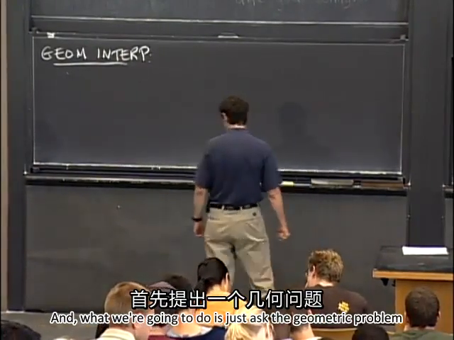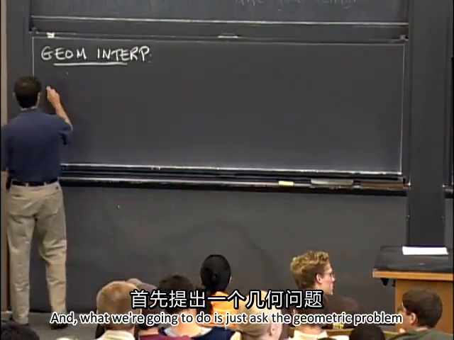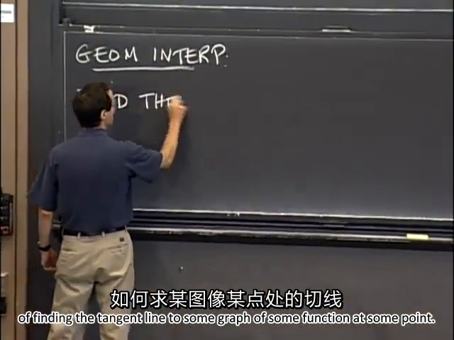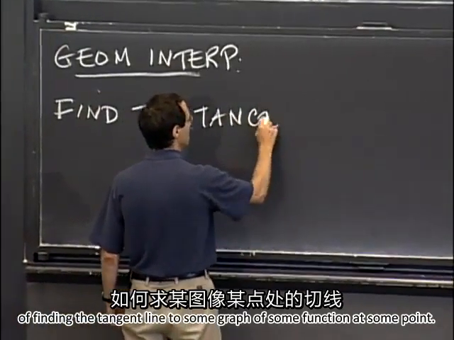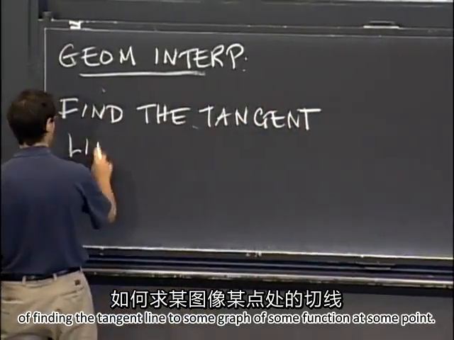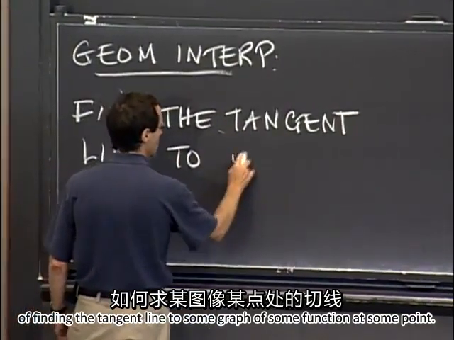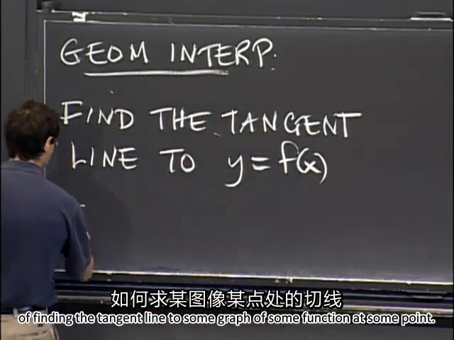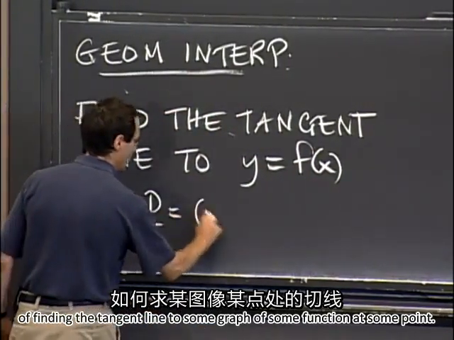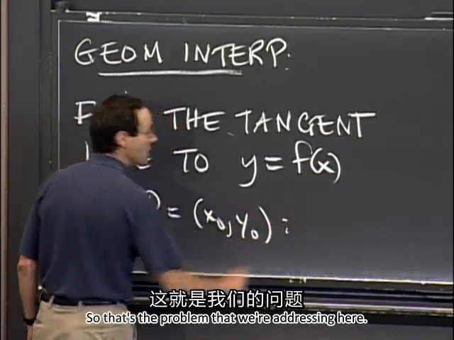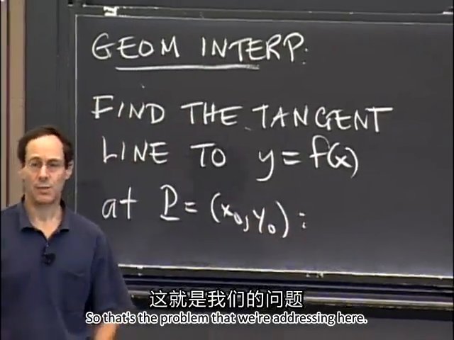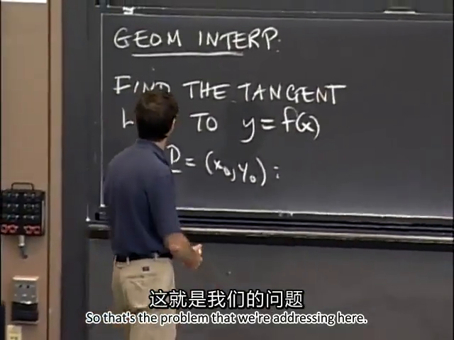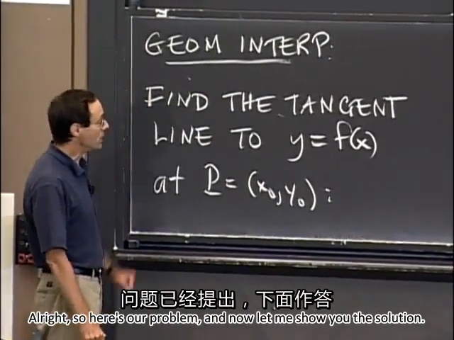What we're going to do is just ask the geometric problem of finding the tangent line to some graph of some function at some point, which is, say, (x0, y0). So that's the problem that we're addressing here. I guess I should probably turn this off. All right, so here's our problem.